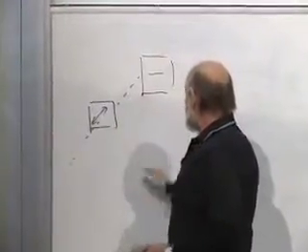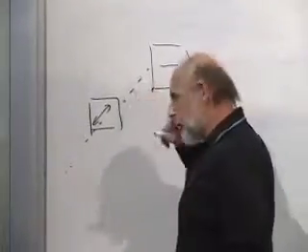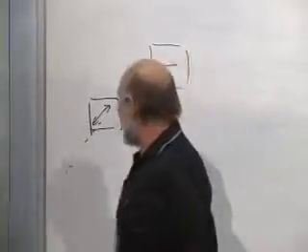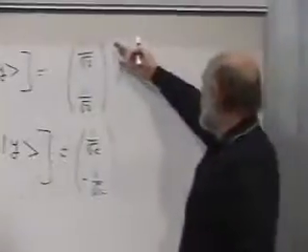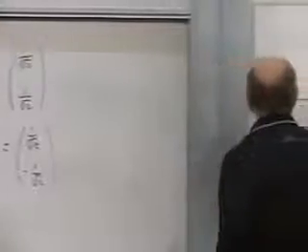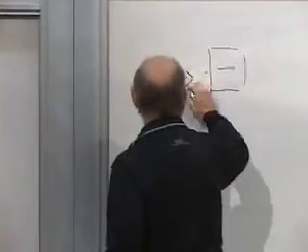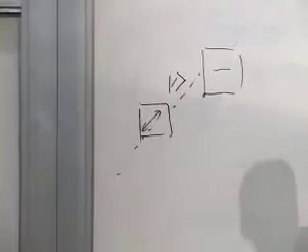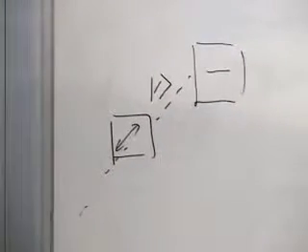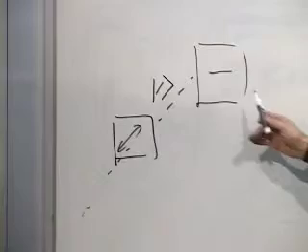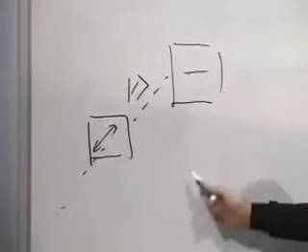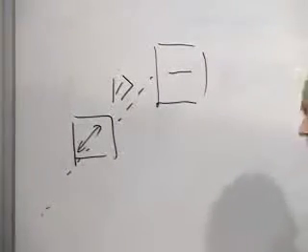What is the state of the photon when it comes out of the first polarizer? Here it is. It's this. So when it comes out of the first polarizer, the state of the photon is like that. What is the probability that if we measure the observable associated with the xy polarization, we get plus?